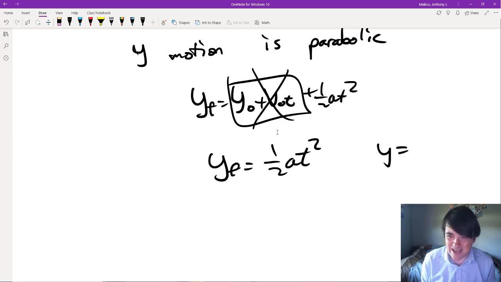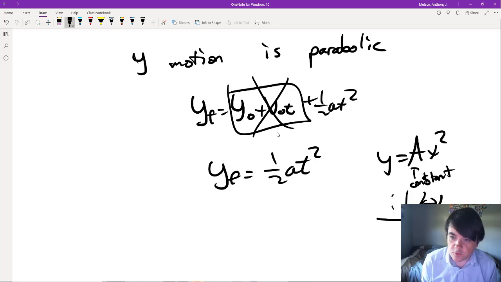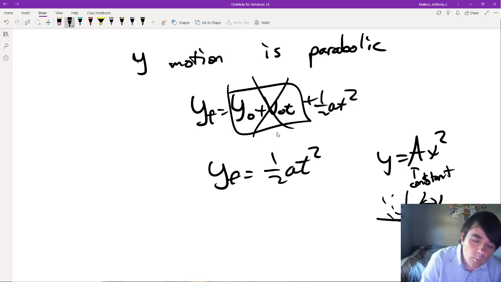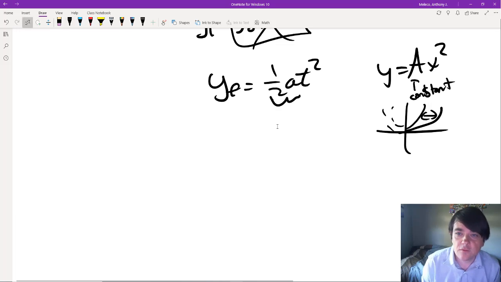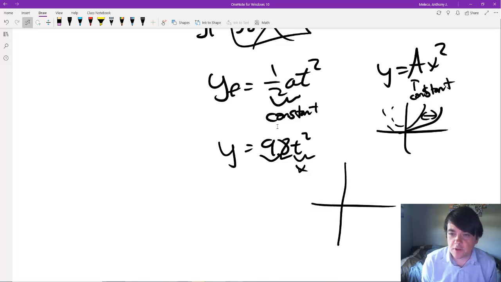Or y equals a x squared, where this is just a constant. And this will adjust the shape of the parabola, how wide it is, if a changes. So we have 9.8 t squared, where this is just our a, and then this serves as our x. And so you'll notice it's just a parabola, okay?